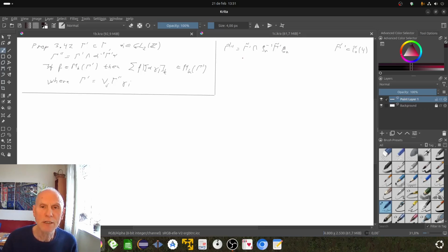Now if we project to the matrices, then this of course projects to gamma 1. And then we have gamma double prime. And on this we have t, which maps to plus minus 1. And this is the kernel of t.